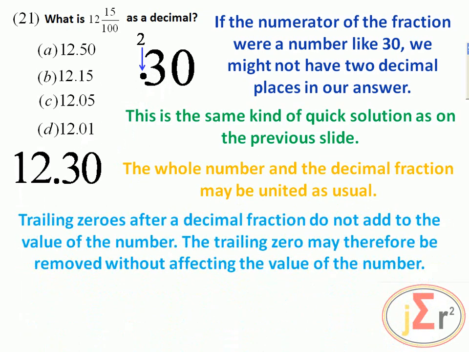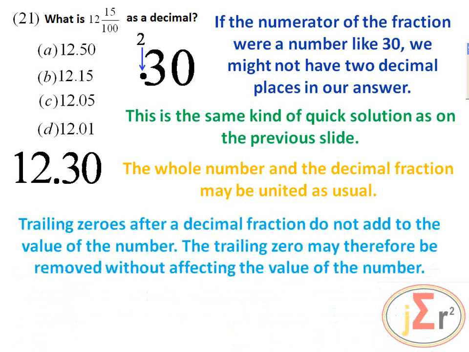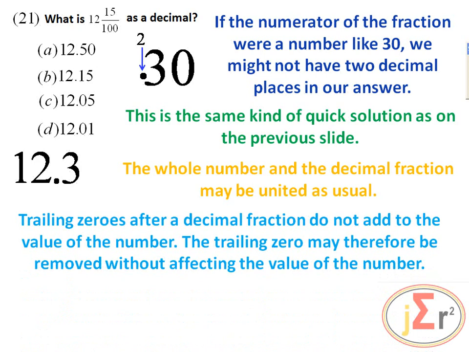Trailing zeros after a decimal fraction do not add to the value of the number. The trailing zero may therefore be removed without affecting the value of the number. So what do we do? Remove that trailing zero, because with or without it, the value of the number will remain the same.